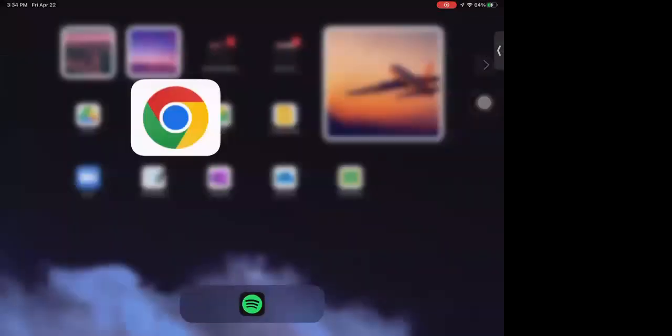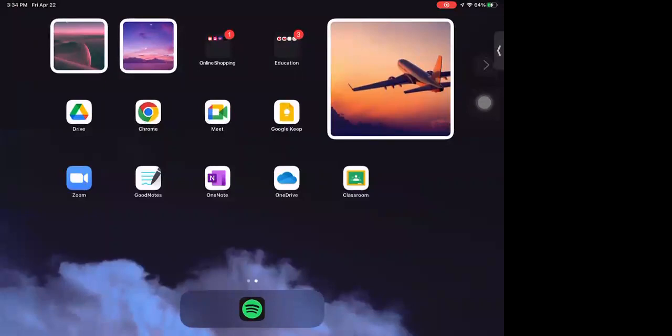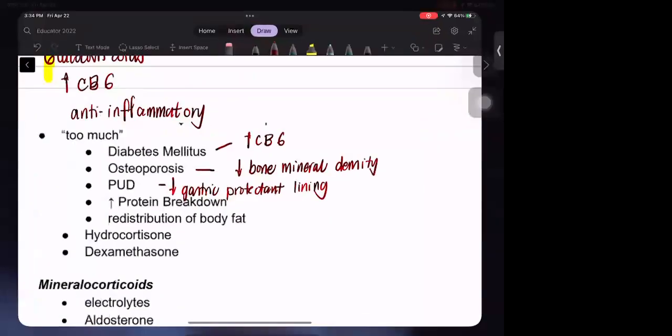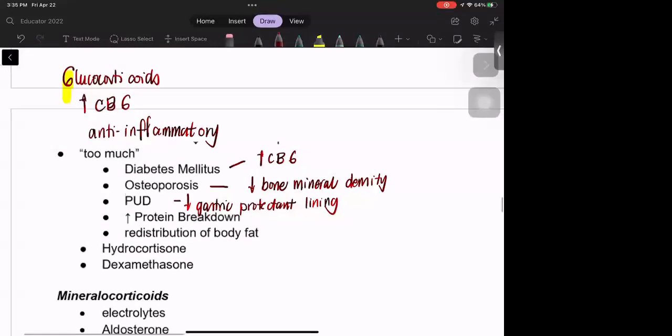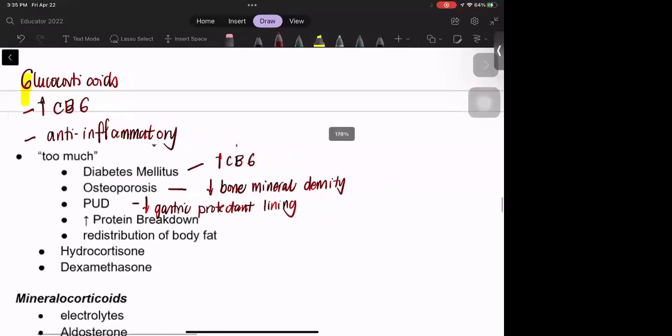Now, class, you have there an example of hydrocortisone and dexamethasone that would remind us that these medications would have the same effects as the increase of the glucocorticoids inside your body. Look at the side effects in your drug handbook of dexamethasone and hydrocortisone. If you look, they have almost the same side effects.